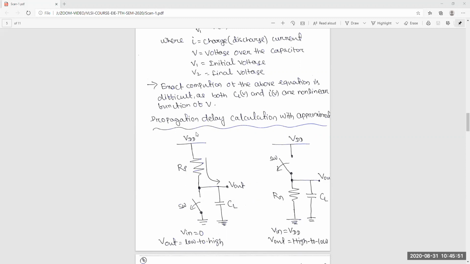Okay. Suppose for this case, this is your VDD supply. I am just drawing it for you.